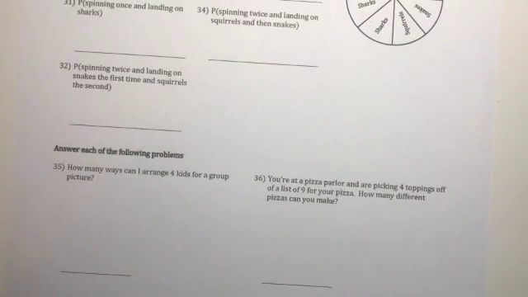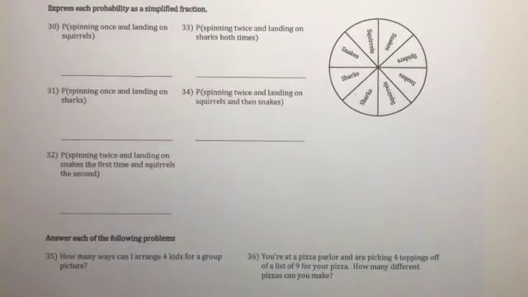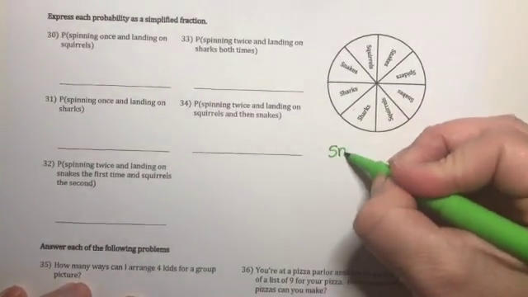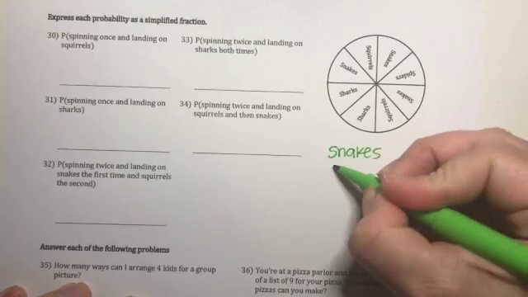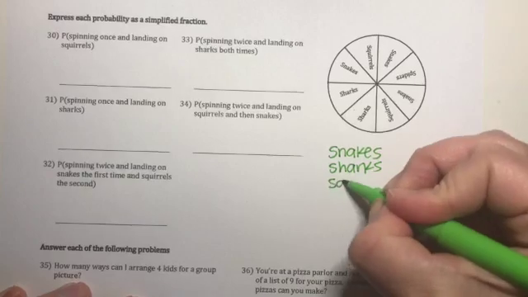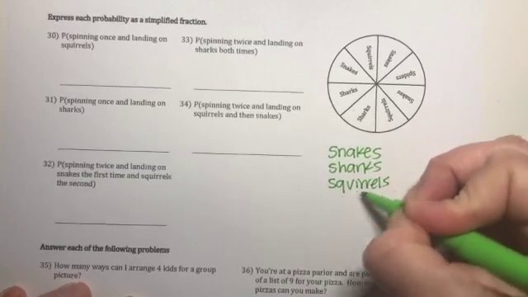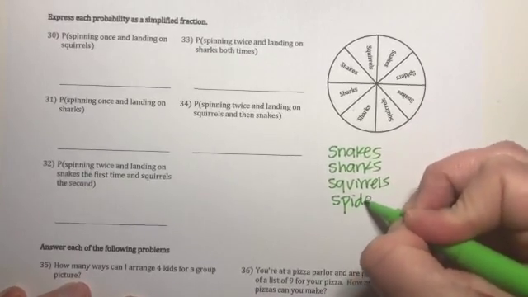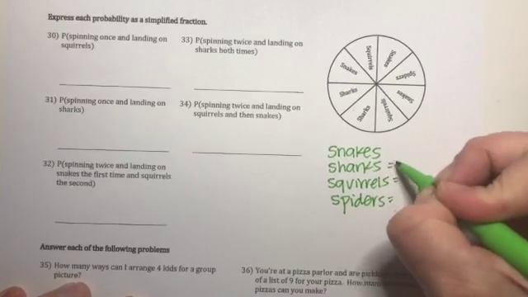Okay, couple more. Express each probability as a simplified fraction. First of all, for me personally, with these kind of spinners, I like to write it out. Otherwise I get confused. So I know I have snakes, sharks, squirrels, and spiders.